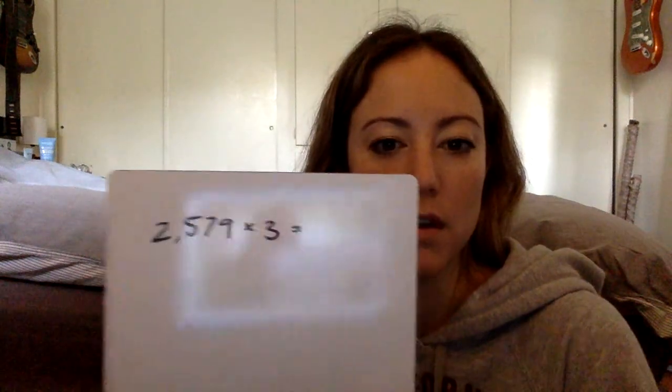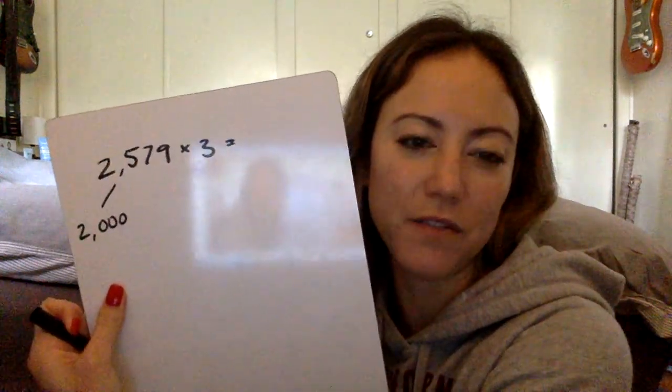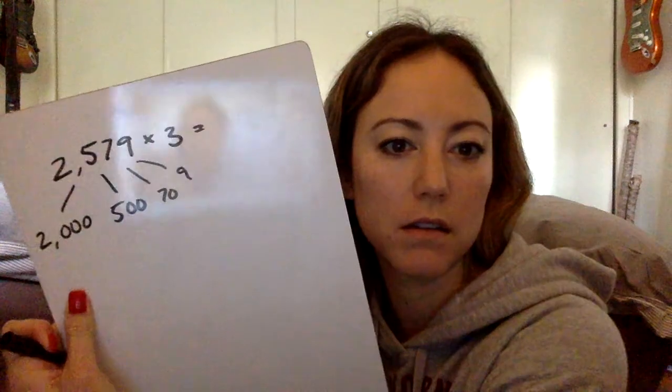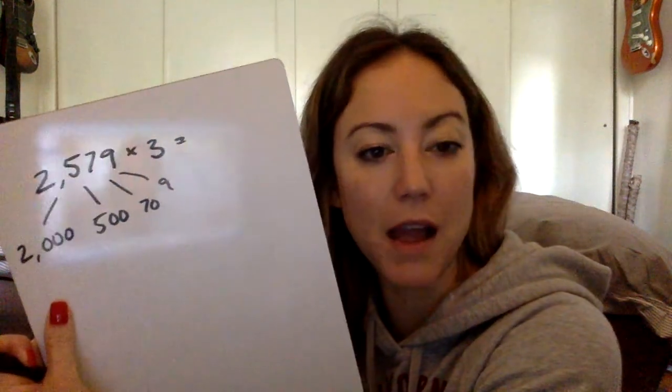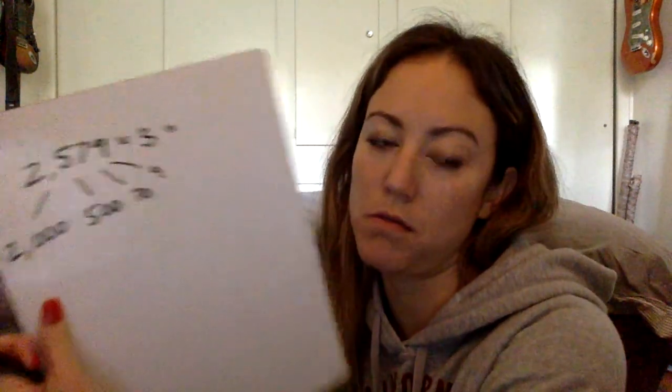Let's say we wanted to multiply 2,579 times 3. We learned that when you break this apart into expanded form, 2,579 is made up of 2,000, 500, 70, and 9. And then you multiply each one of those by the 3.